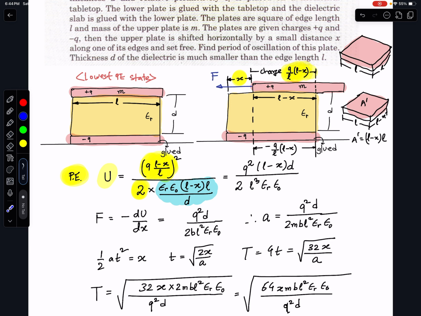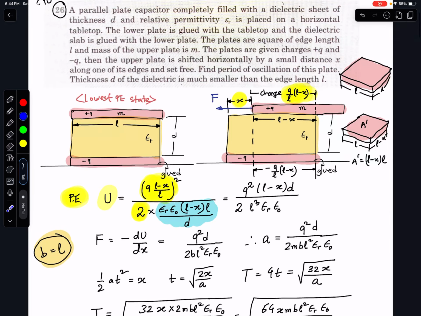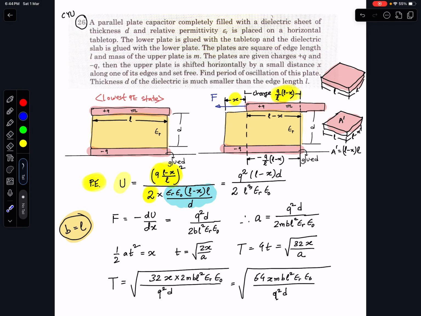So F equal to minus dU/dx gives you this. I had chosen B here, so you just put B equal to L, and then you can solve on your own. Mistakenly I put B. I thought I had chosen B instead of L, but it's a square plate, it's given. I missed that part.